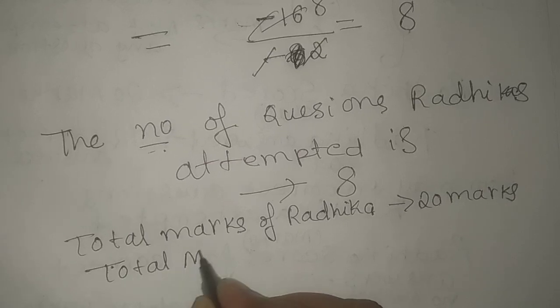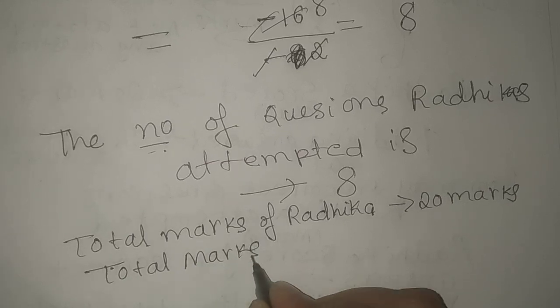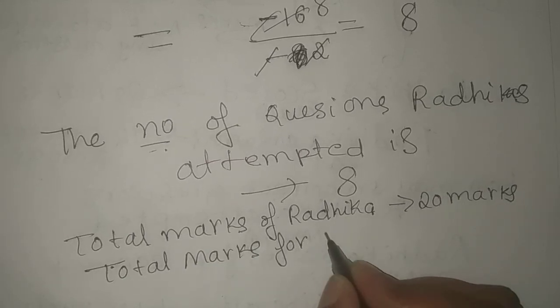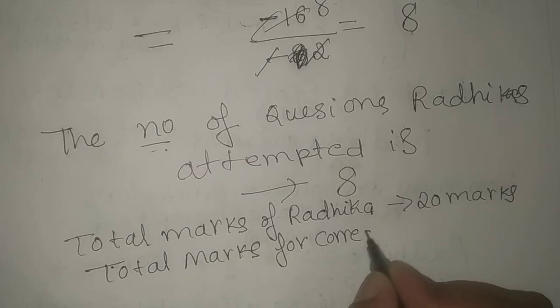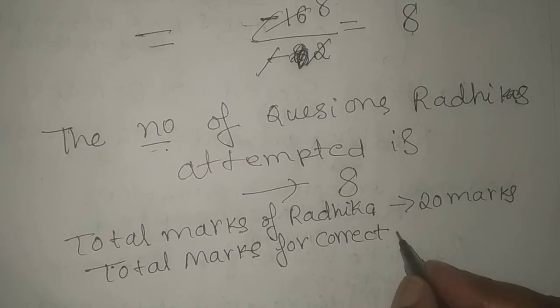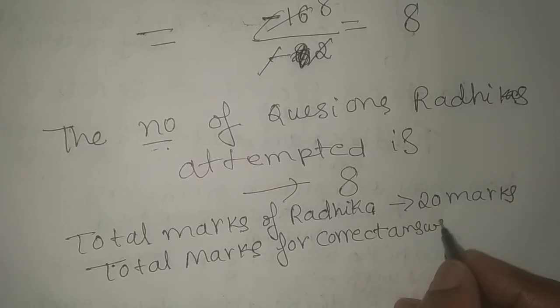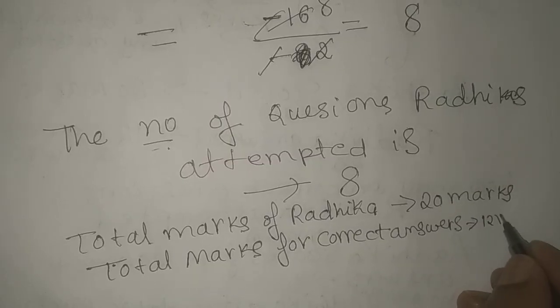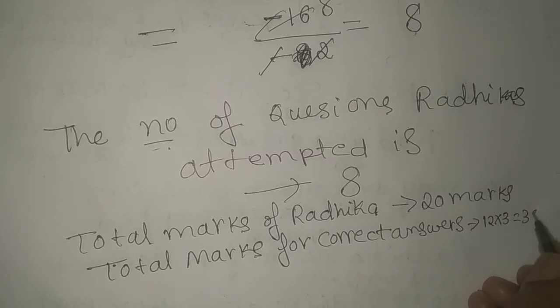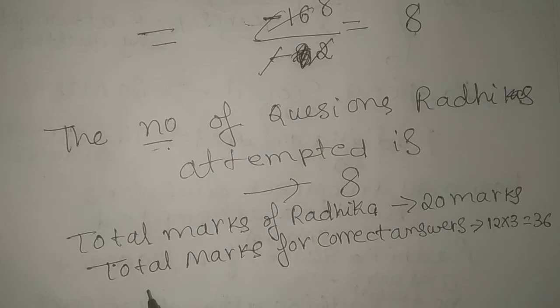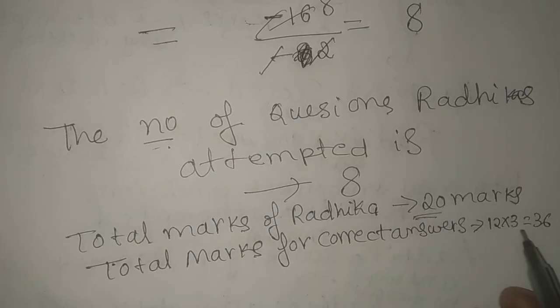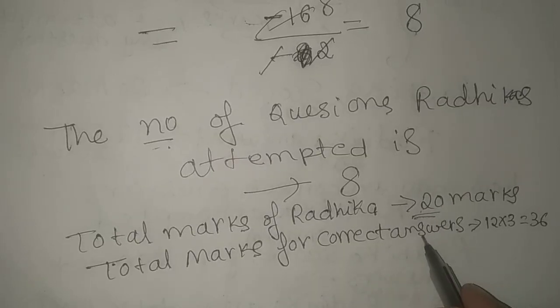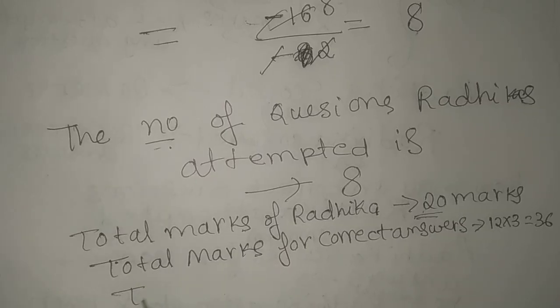Total marks for correct answers she got is 12 into 3 equal to 36, and this is the total score for correct answers.